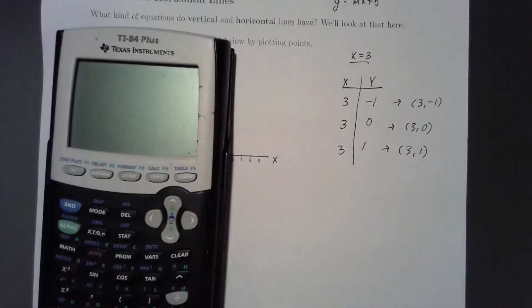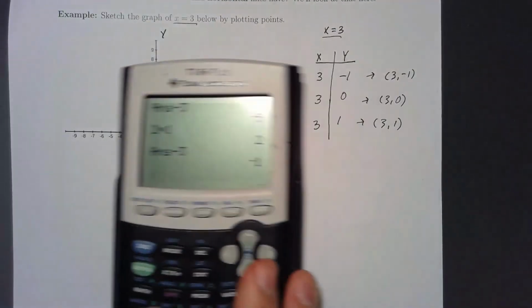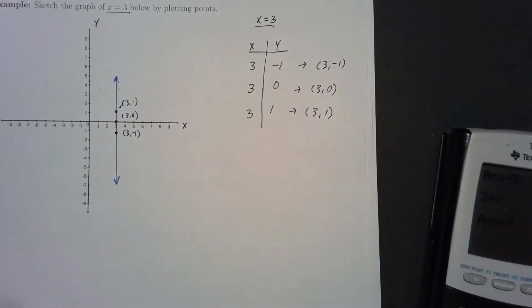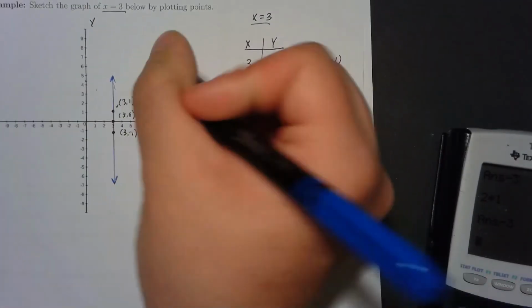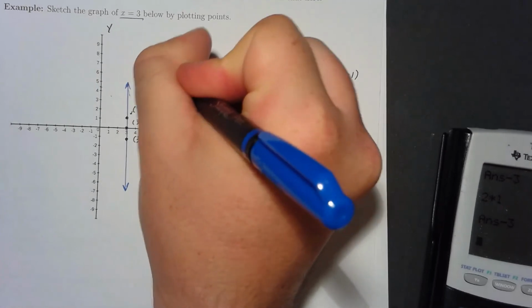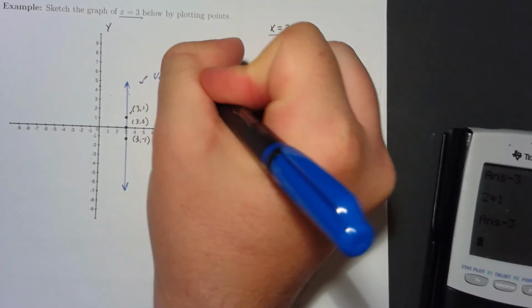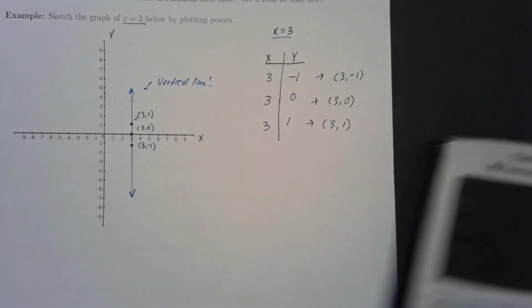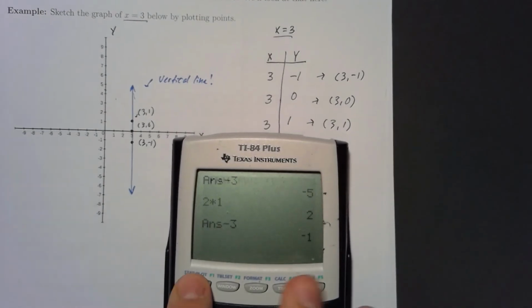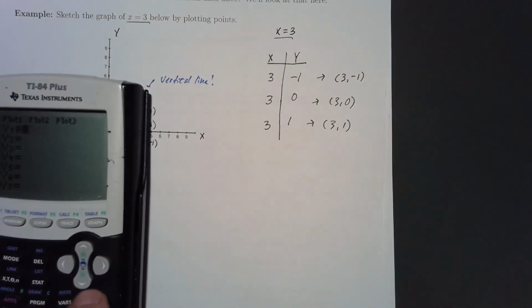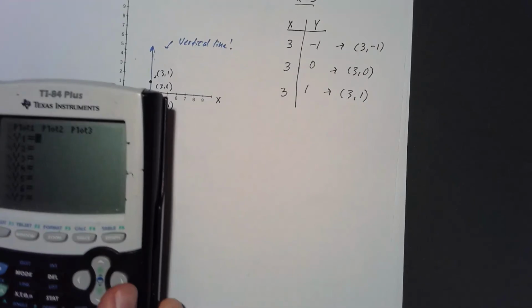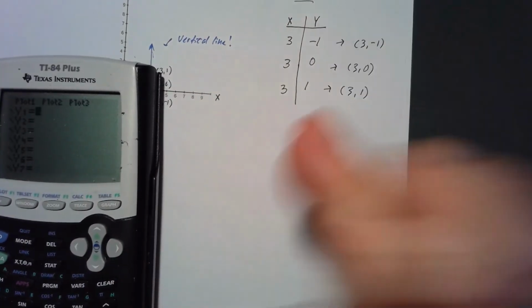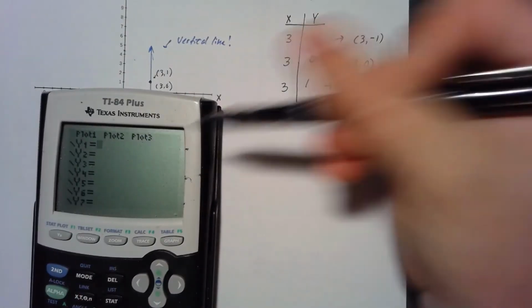Let me go to my calculator. This right here is a vertical line. If I go to y equals and I'm going to plot the line x equals 3, what do I do?